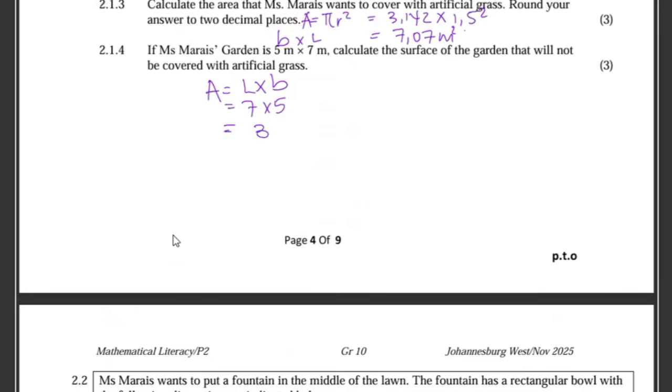The answer became 35 meters squared. Of this 35 meters squared, an area, the one that we've just got here, it will be covered by the grass. That means this 35 minus the area that will be covered. So the answer becomes, don't mind about this because they are both meters squared. Leave them alone. Concentrate on the numbers.